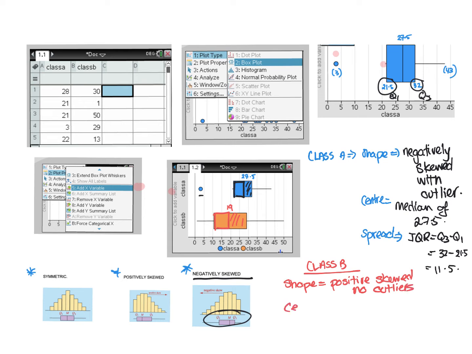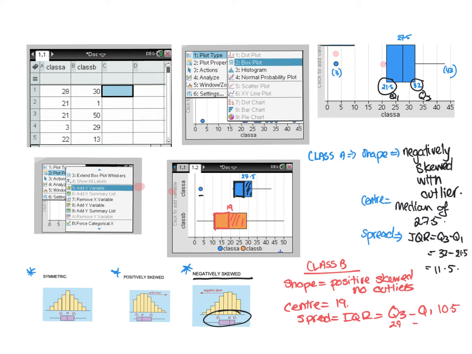The centre, I think I hovered on it, it's 19. And the spread, we'll use the IQR. I'll just hover, I've got it on my computer. So for the IQR, Q3 was 29 and Q1 was 10.5. Okay, so you do that and then work out the spread.